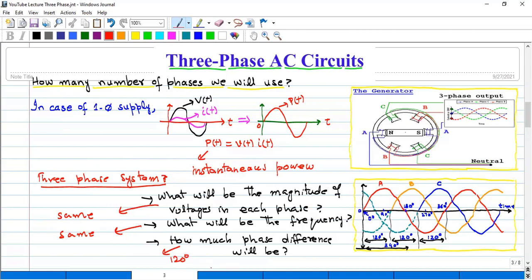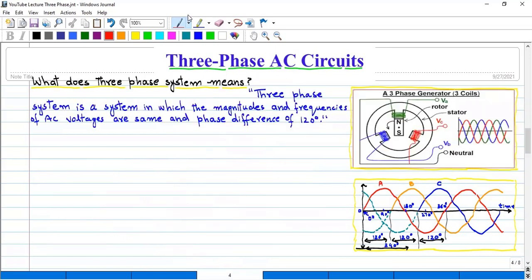So now we can define the three-phase power system. The three-phase system is a system in which the magnitudes and frequencies of AC voltages are the same and the phase difference is 120 degrees. As you can see in this diagram, there are three phases: phase A, phase number 1, phase number 2, and phase number 3.